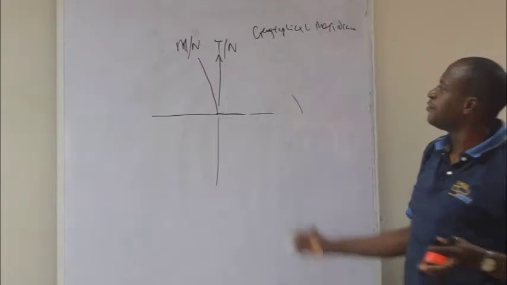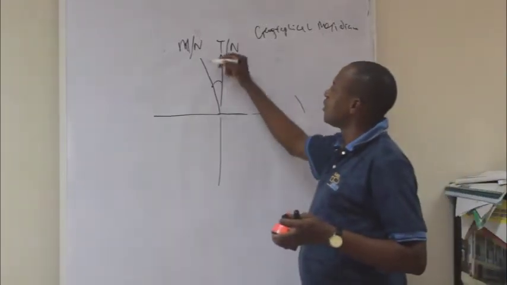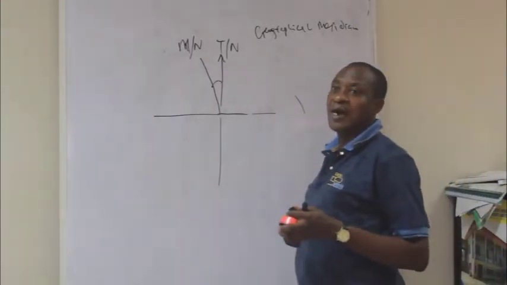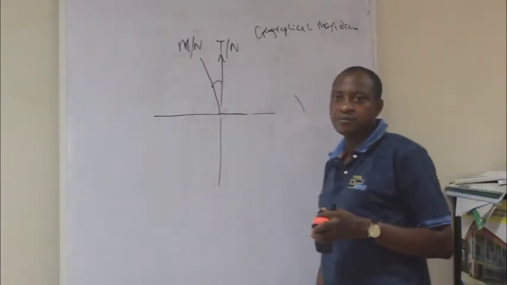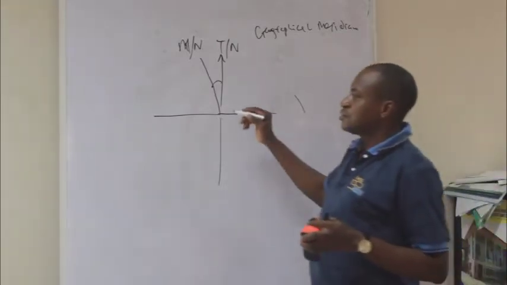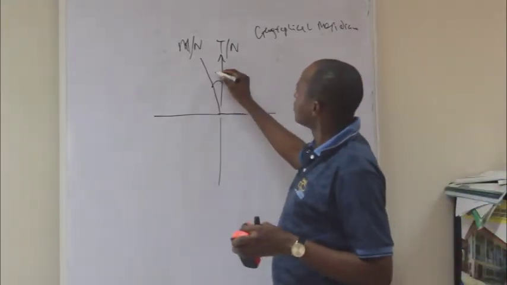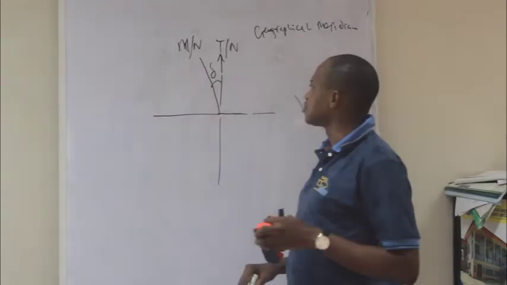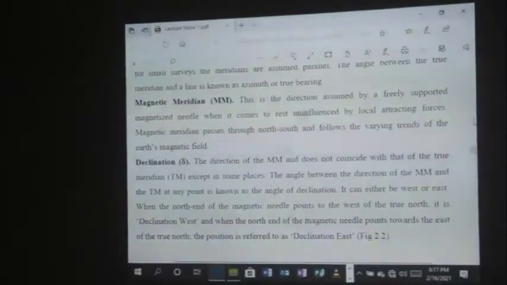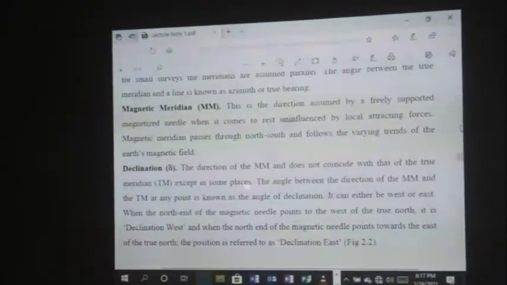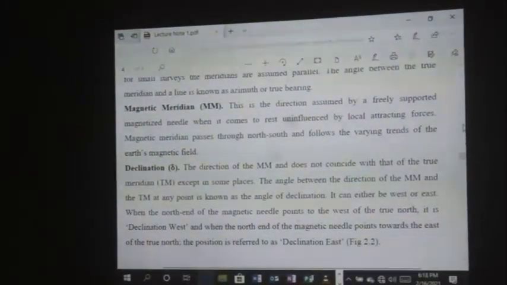So there will always be a difference between the magnetic north and the true north. That difference is what we call declination. Declination is the difference between the magnetic north and the true north.